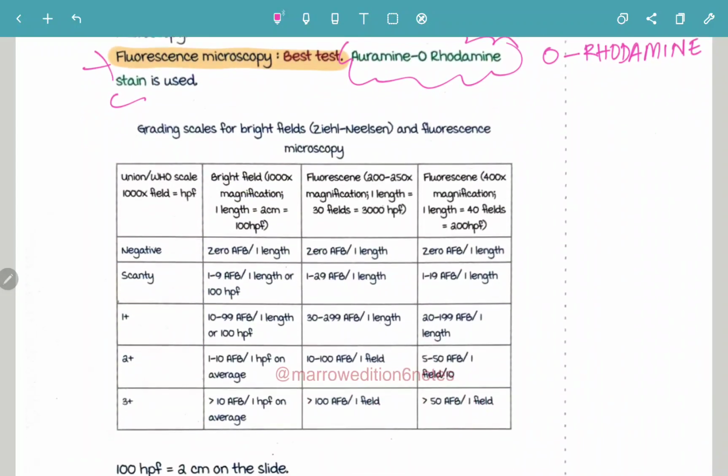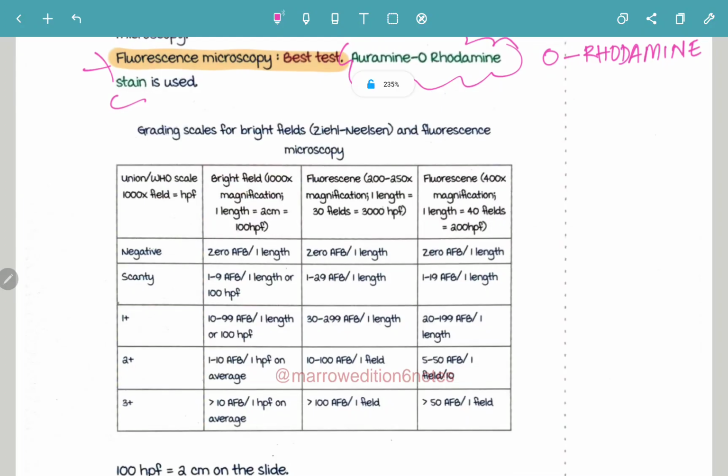Now let's look at the grading scale for bright field, that is the Ziehl-Neelsen, and the fluorescent microscopy.